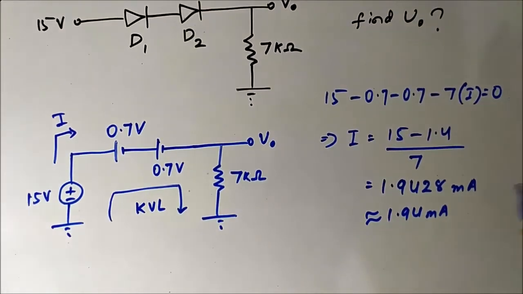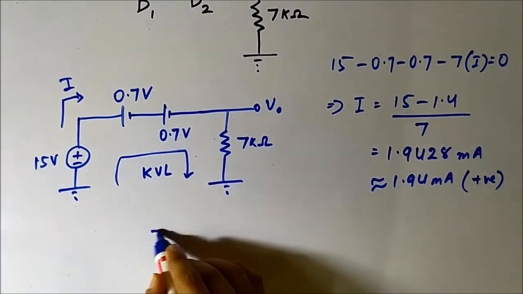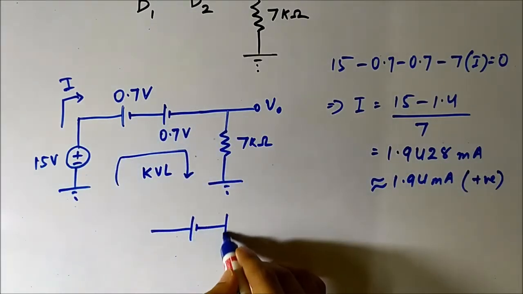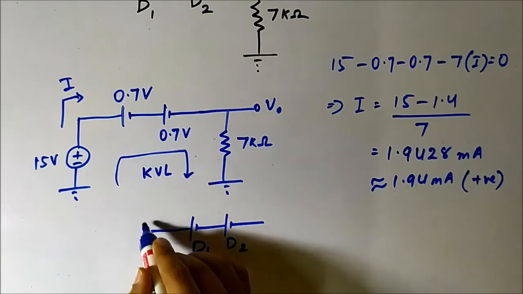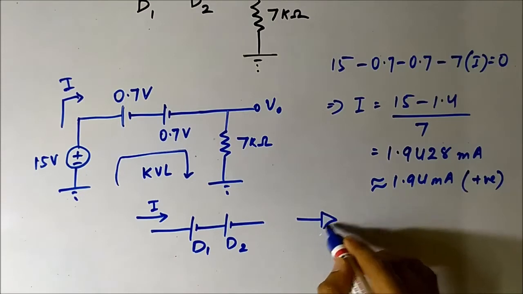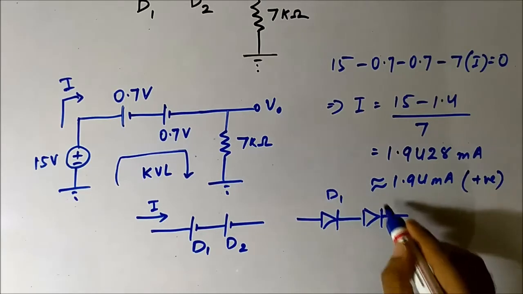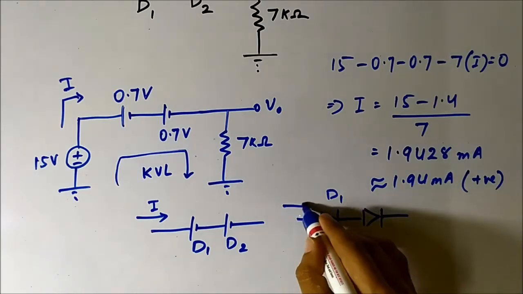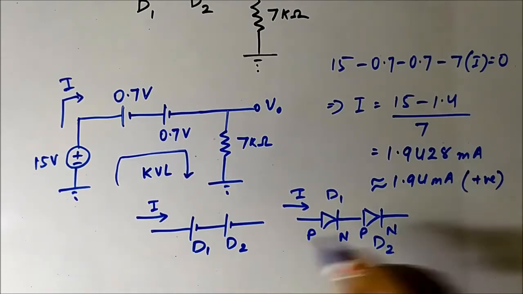Now this current is positive, there is no negative sign here. It means that the current I is flowing through the diodes in this way, through D1 and D2, from P to N through both the diodes.